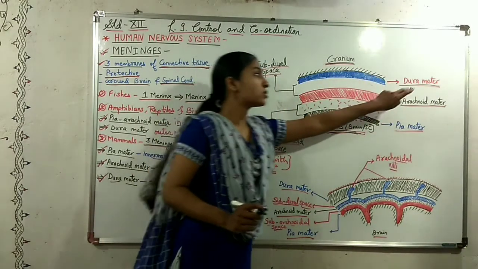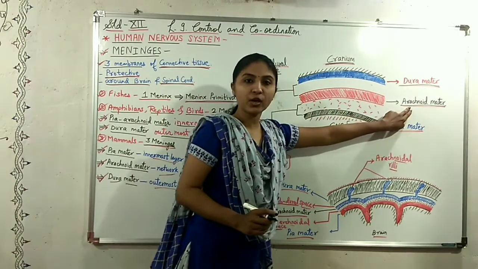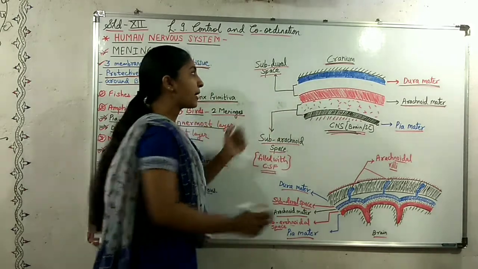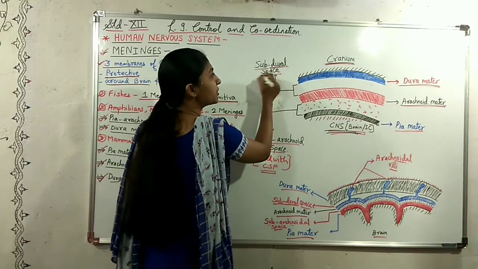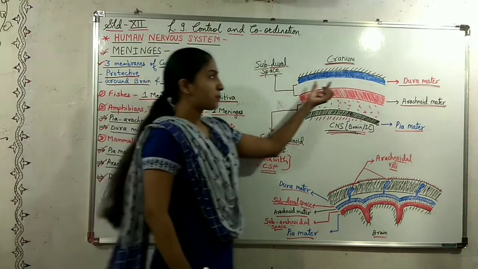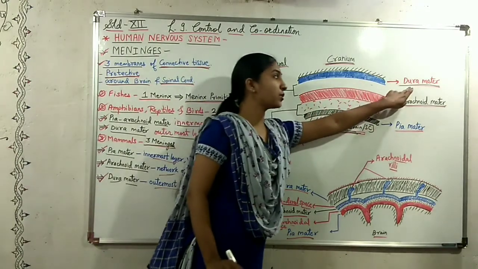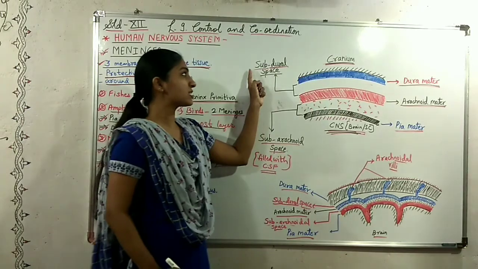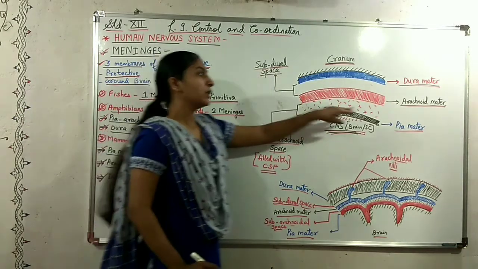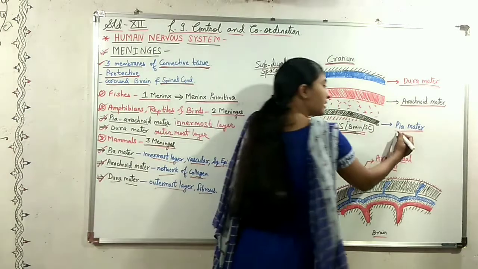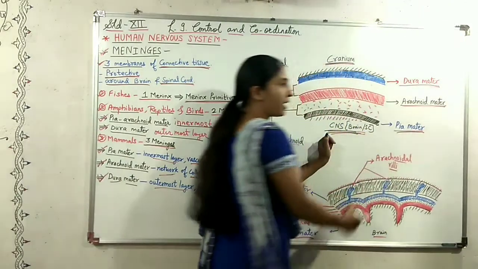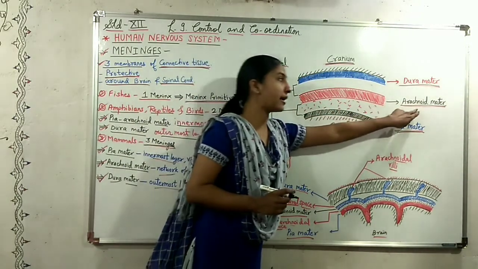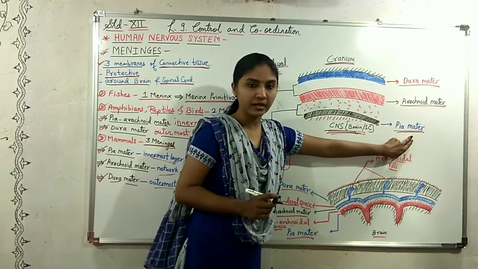In between this Dura Mater and Arachnoid Mater, there is a space, a gap, and this space is called the Subdural Space. After this, the innermost layer is the pia mater, and there is again a space between the Arachnoid Mater and the pia mater.